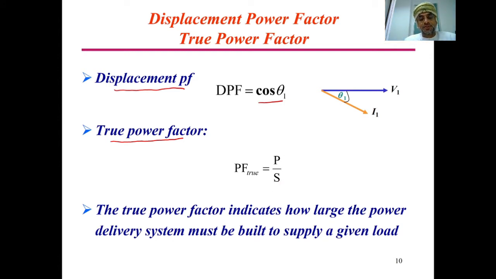The true power factor indicates how large the power delivery system must be built to supply a given load, since S will be equal to P divided by the true power factor. So if the true power factor is very low, we need a system that gives a huge amount of power to satisfy our real power requirement.